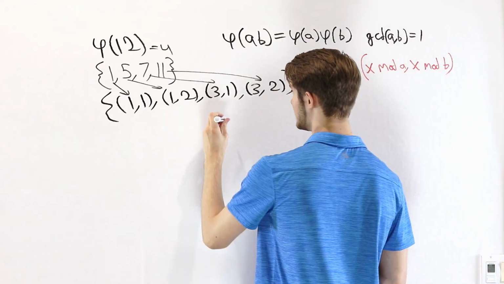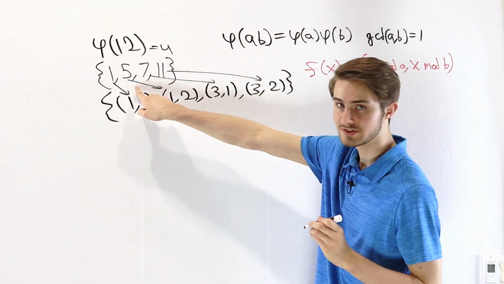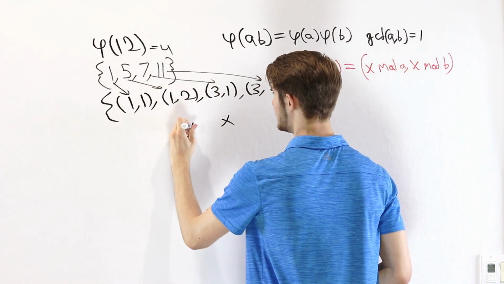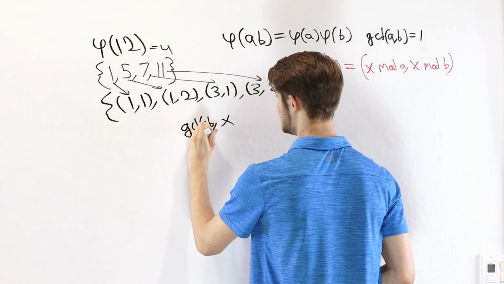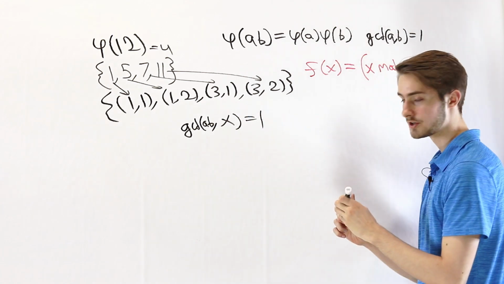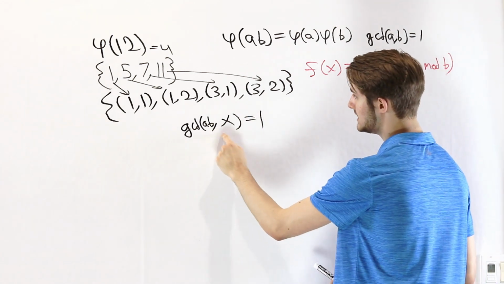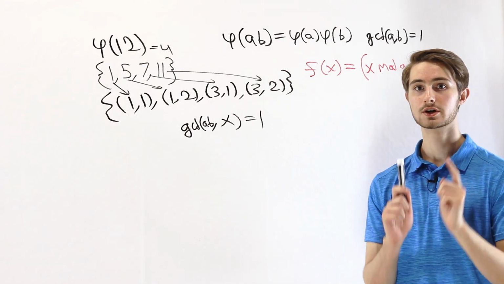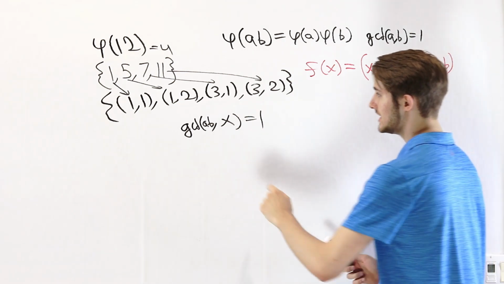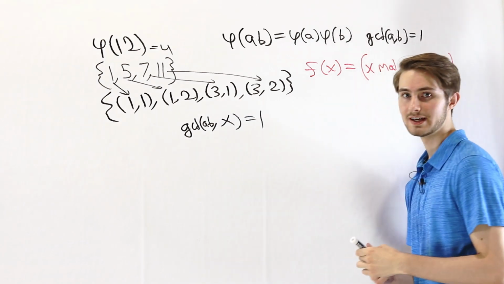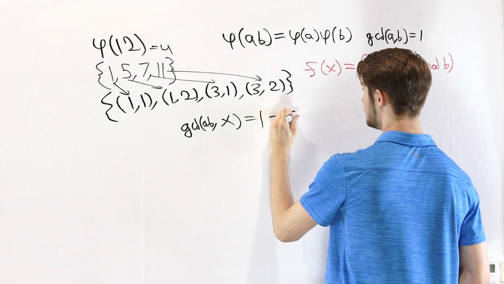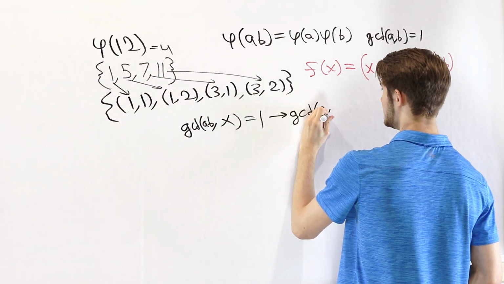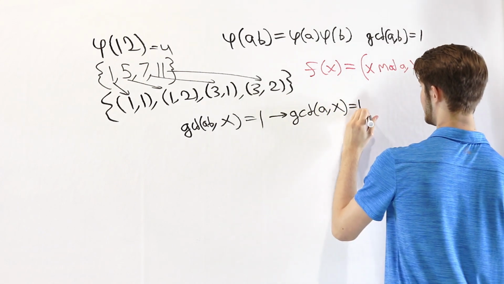So for any number x that's in this first set, we know that it must be coprime to ab by definition, meaning the greatest common divisor of ab and x is equal to 1. One of the properties of coprime numbers is that if ab is coprime to x, then we know that a and b are both also coprime to x.